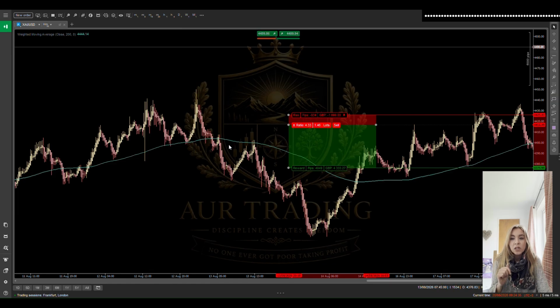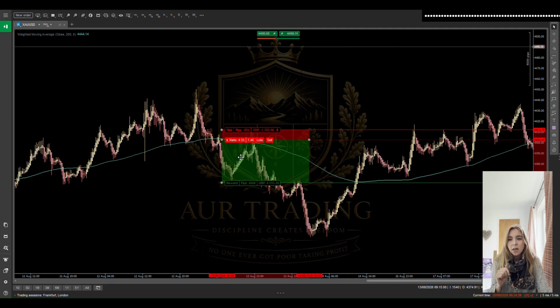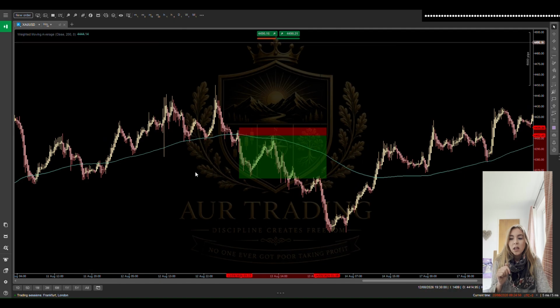Then once it gets rejected, you can enter your sell there. You can even put your stop loss above where it was rejected. Your take profit, if we look left, the last lowest, which is lower than this, is there. So we can set our take profit in line with that.